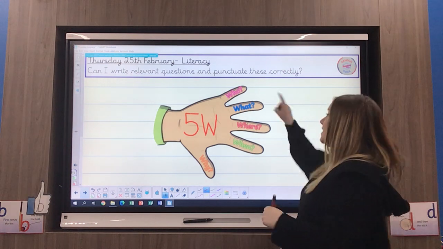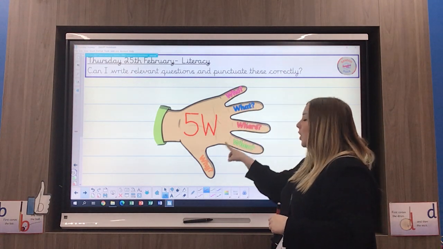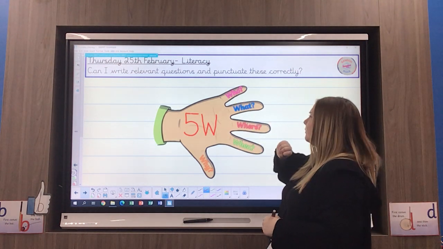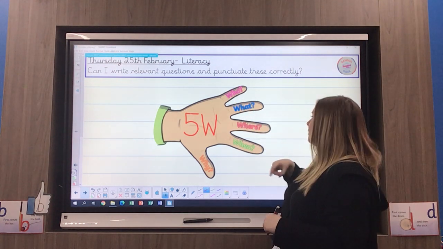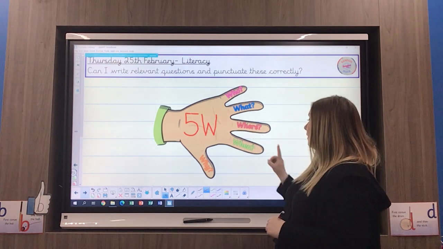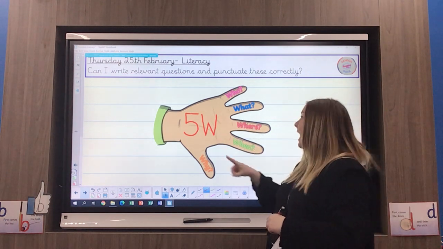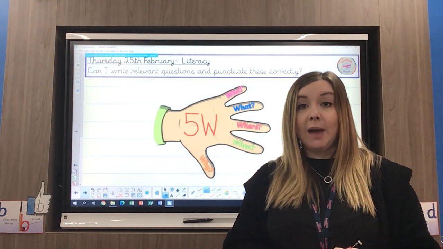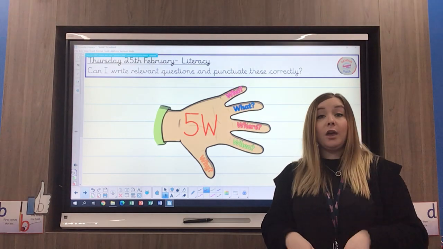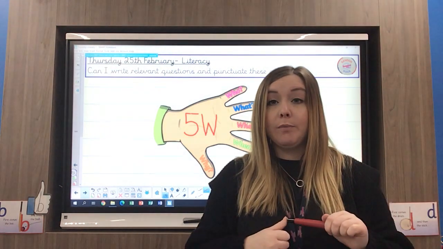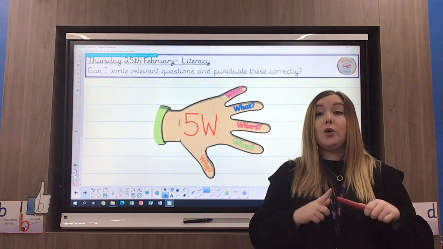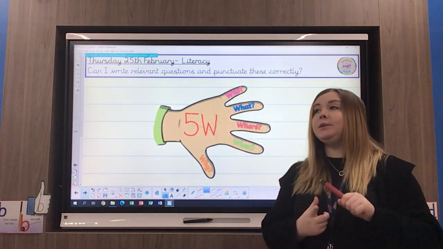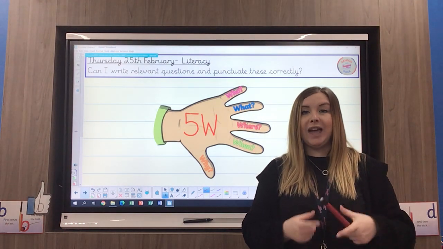Because you'll notice that each of my words start with a W. Okay, so we've got who, what, where, when, and why. And we're going to use these question words to write some questions. Either that the goat could ask from the Three Billy Goats Gruff, or that the troll could ask from the Three Billy Goats Gruff. So I'm going to think of a question that the troll could ask.